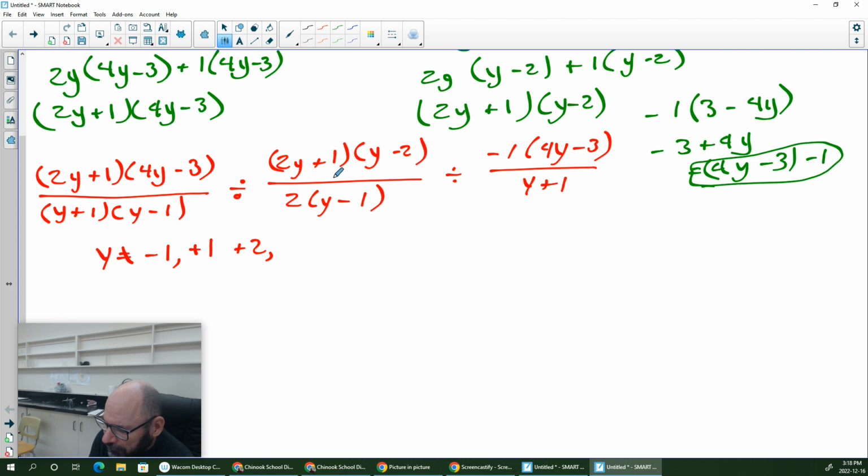Move the 1 over and then divide by 2. So negative 1 divided by 2 would be negative 1/2. Or we've already got negative 1. And then this one, move the 3 over and then divide by 4. 3 divided by 4 is 3/4. So there are all the restrictions.